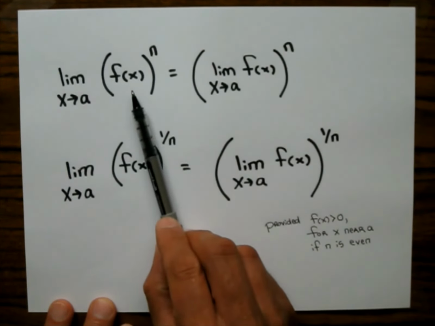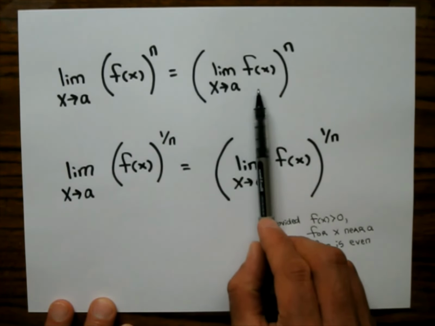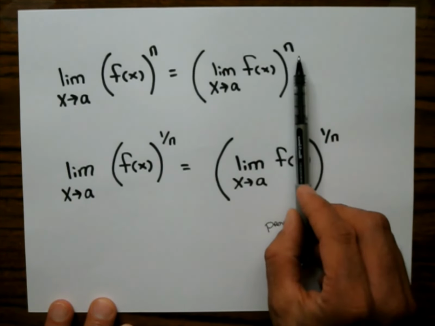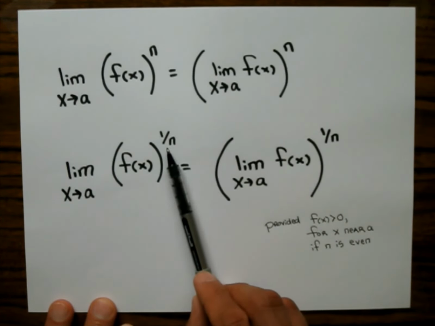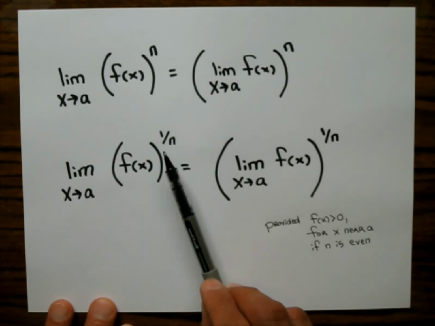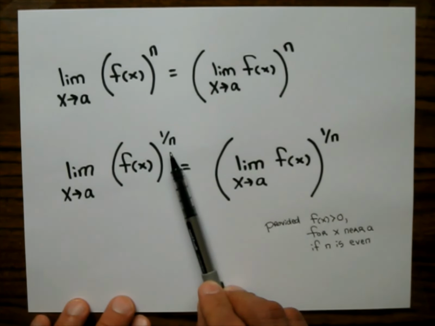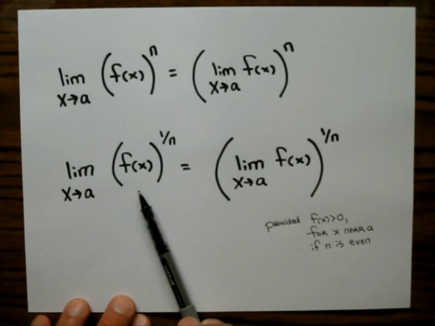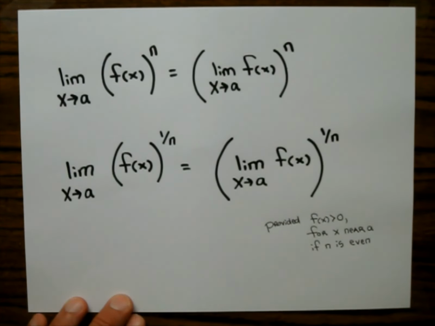The limit of a function to a power, you could take the limit of that function and take that to the power. And the same thing with the root. This is the nth root. And you can do the same thing provided that f is greater than 0 for x near a when n is even, because you have some problems with square roots, fourth roots, and things like that. You don't want to take the square root of a negative number and start dealing with complex numbers.